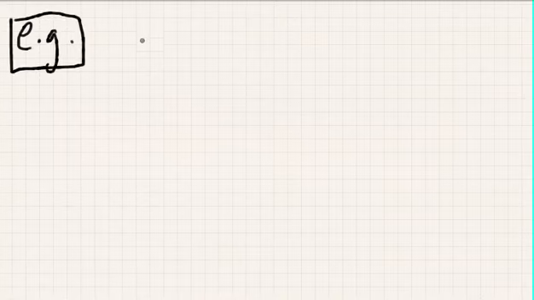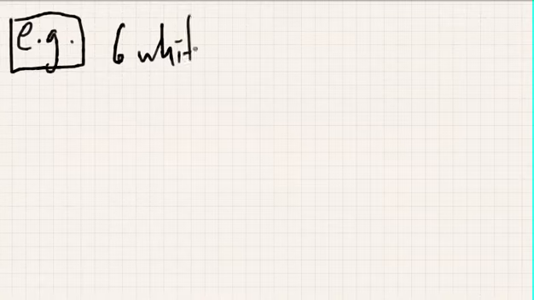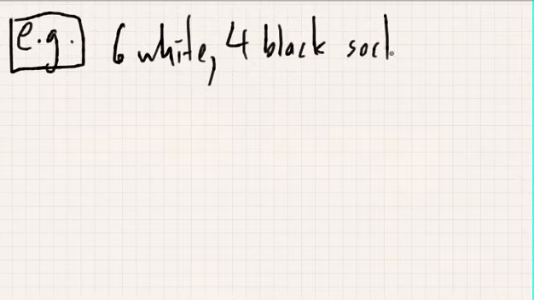Now, we're often going to be using the product rule in more complicated scenarios. In fact, let me do something that we've done before, but use conditional probabilities and some different techniques to compute it. So again, a sock drawer example. I've got 6 white and 4 black socks in my drawer, and I'm going to pull out 2.